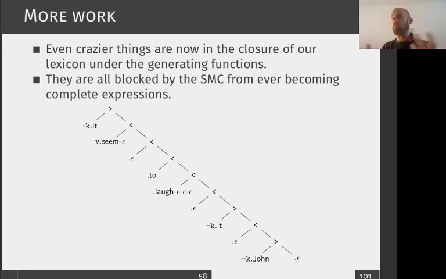So even though we can build a whole bunch of garbage, that garbage is filtered out before it becomes a complete sentence and thus would overgenerate. So we overgenerate our language, but that doesn't matter because we only care about the complete expressions of our language. And the things that we overgenerate aren't complete, and so they don't matter.